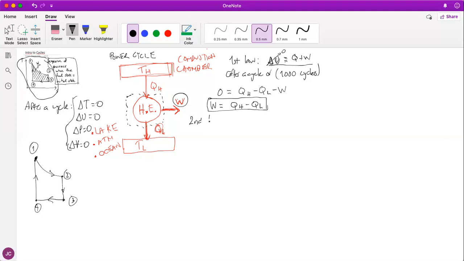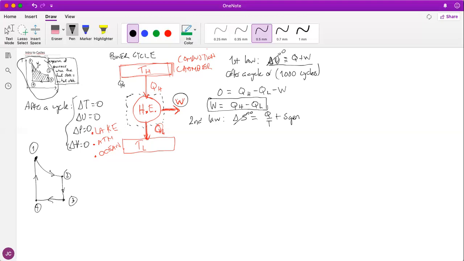Now let's use the second law. Oh, the second law, I had forgotten about it. Well, do not, because we're going to use it. So delta S equals Q divided by T plus S gen. Hopefully you remember each one of these terms. This is the change in a property called entropy, which is going to be 0 after a cycle. Now, what about Q divided by T? Well, there are two Q divided by T terms.